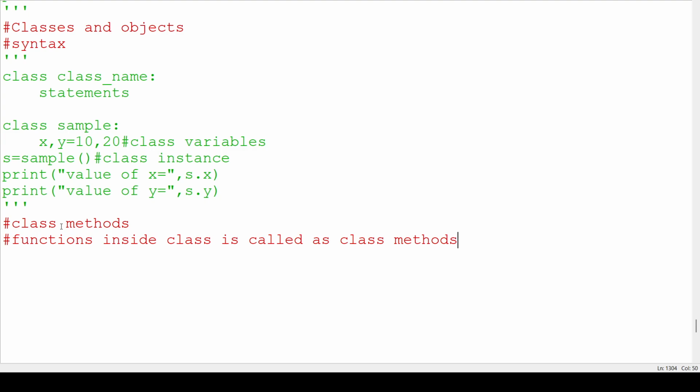Even if a method takes no argument, it should be defined with the first parameter called self. If a method is defined to accept only one parameter, it will take two arguments: self and the defined parameter. When you access a class variable within a class method, it must be prefixed by the class name and the dot operator. Let's see.